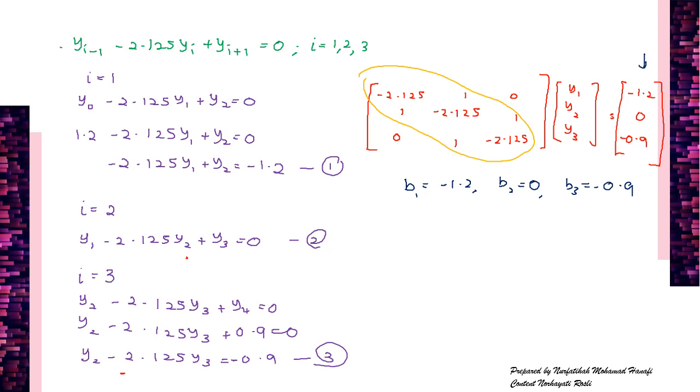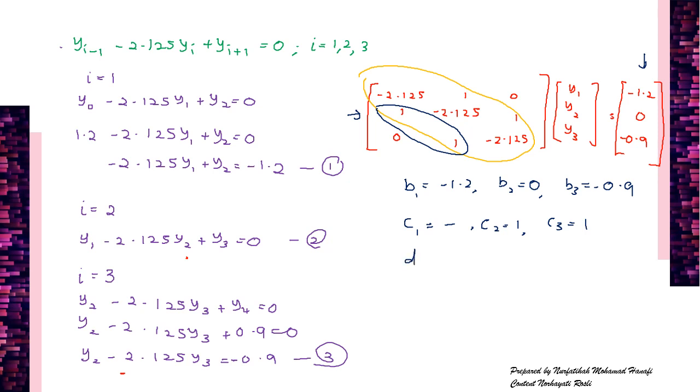And then C. C starts from row number 2. That means for C1, we don't have any value. C2 we have 1, C3 we have 1 also.